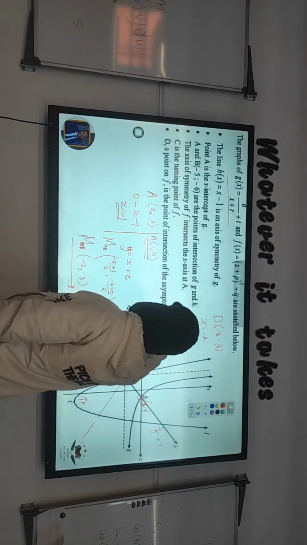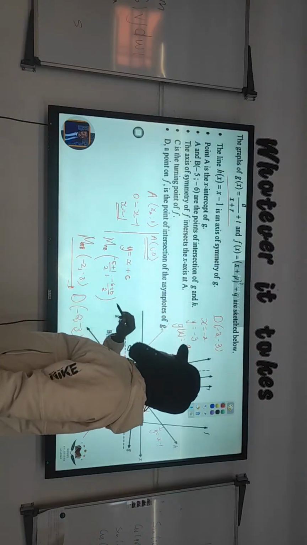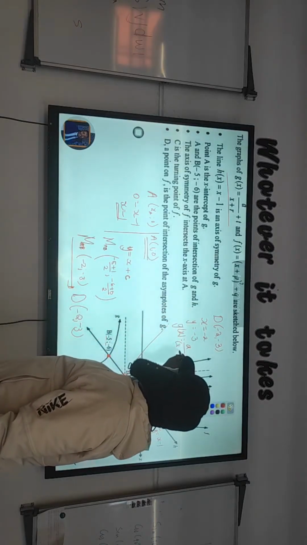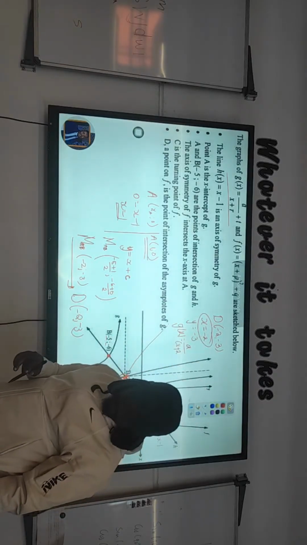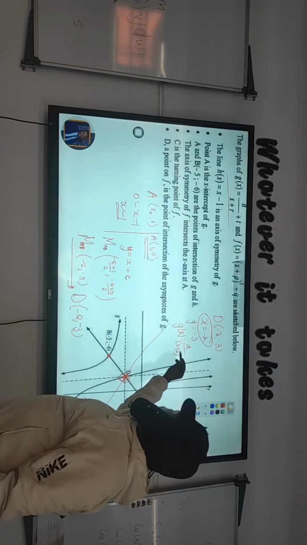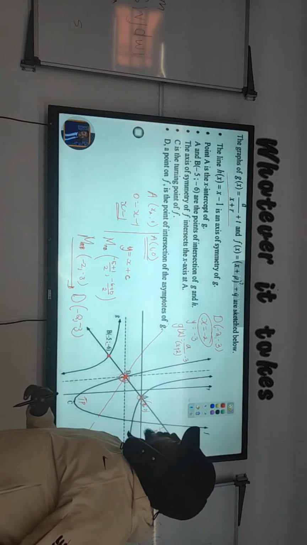So the graph of g(x) will be equal to a over x plus 2, the x asymptote, and then the y asymptote goes in as it is. You must just go and find a, and then you go and substitute.